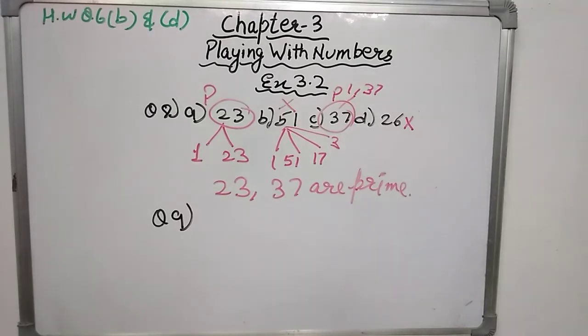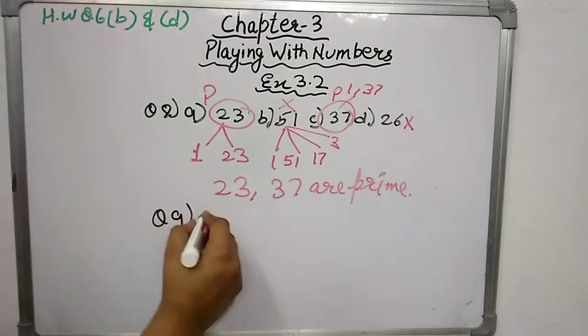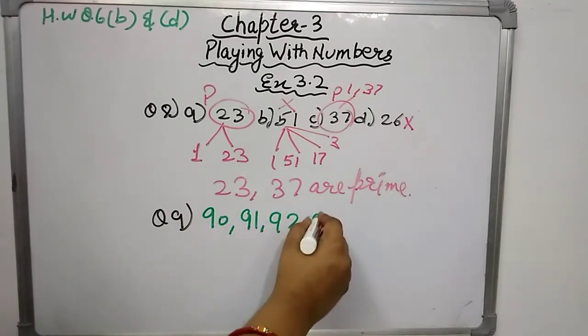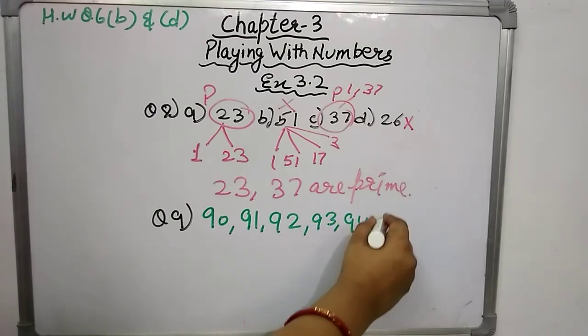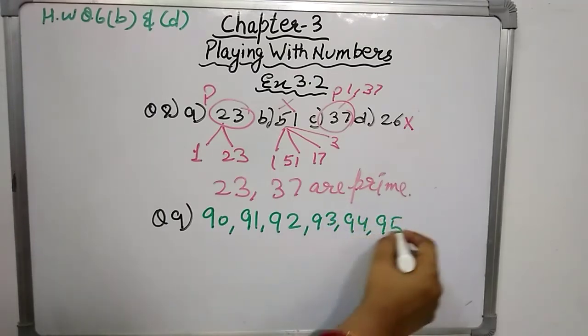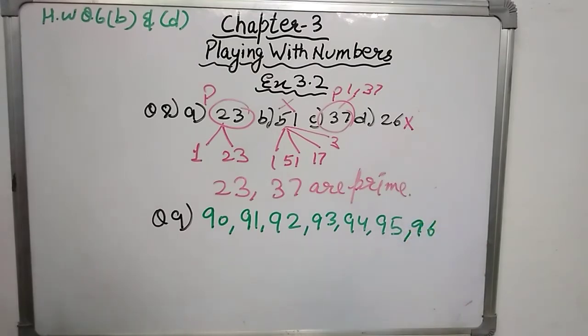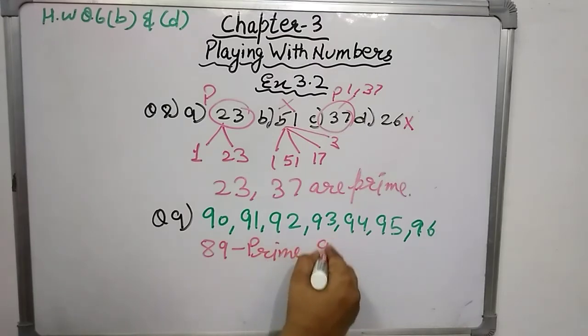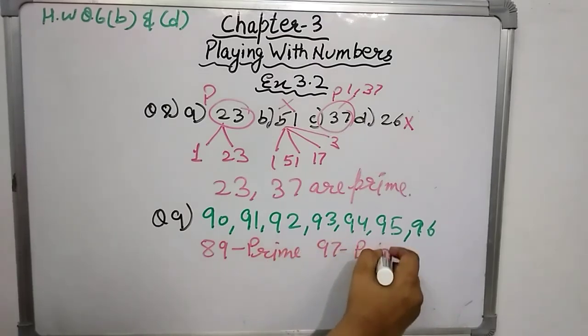If we check a number chart from 1 to 100, there is only one set of 7 consecutive composite numbers, and that is 90, 91, 92, 93, 94, 95 and 96. 89 is a prime number and 97 is also a prime number.